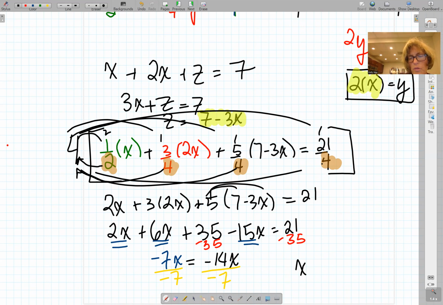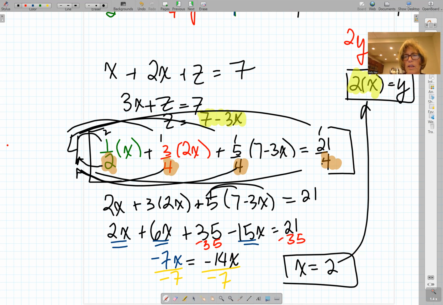So we just discovered that x equals 2, one variable down. And since x is 2, we can plug that in here, and we get 2 times 2 equals y. So now we have y equals 4.